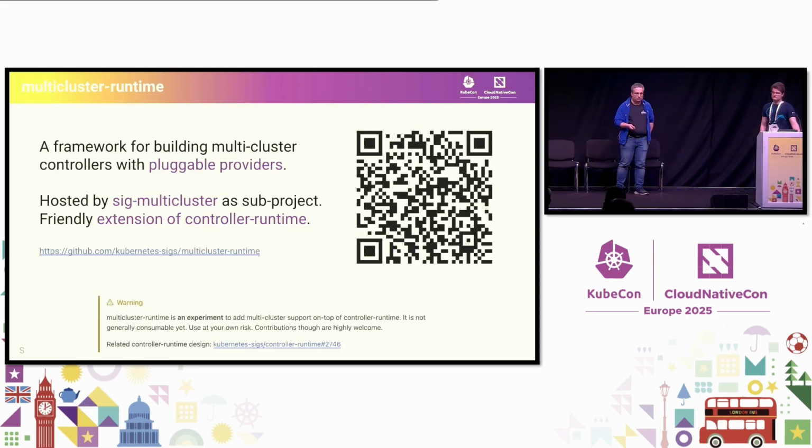It's a friendly extension of Controller-runtime, so it's not forking anything. It's just using the primitives of Controller-runtime under the hood, and we will see in a couple of slides what this looks like. The project is hosted in the Kubernetes SIGs organization on GitHub, so you will find it at kubernetes-sigs/multi-cluster-runtime, and it's sponsored and owned by SIG Multicluster, so it's an official SIG project.